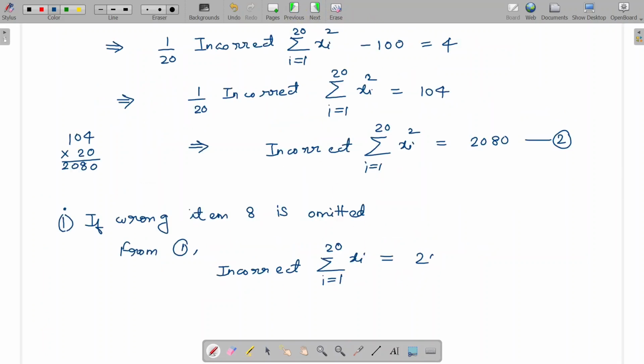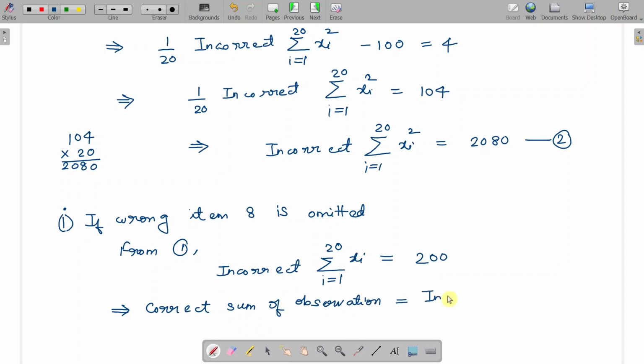So it is 200. So that means if you want to find the correct sum, this implies the correct sum of observations will be equal to what?